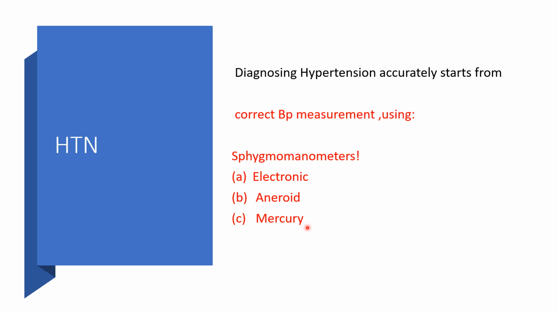Well, I have not seen one that has been broken and the mercury poured on the floor anywhere that I've ever walked, because mercury will be more accurate than aneroid, and even electronic sometimes could be unpredictable but helpful, compared to someone who will not even use any to know any value at all. So the mercury is the best choice out of the 3. In many hospitals across the globe, mercury sphygmomanometers will be available.